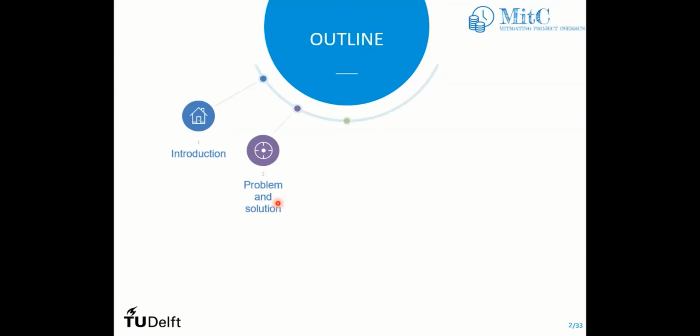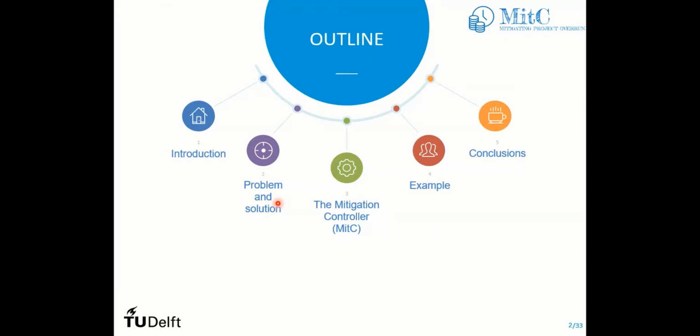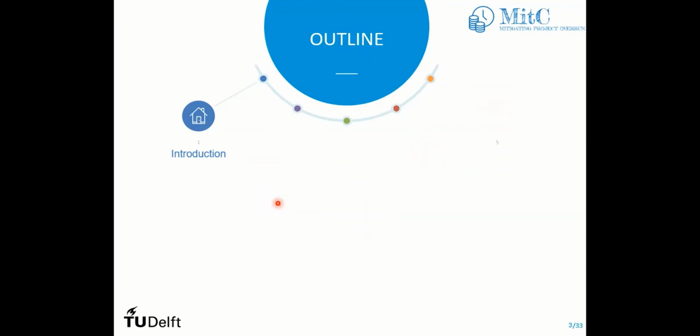Then we are going to talk about the problem, what's the problem that we are trying to solve, and of course how we intend to solve it. Then we are going to see the mitigation controller, in which we actually implement the solution. I'm also going to show you a real-life example of the mitigation controller being applied to a real project here in the Netherlands, and I will show you the benefits that you can get out of it. And finally, of course, we are going to conclude our presentation.